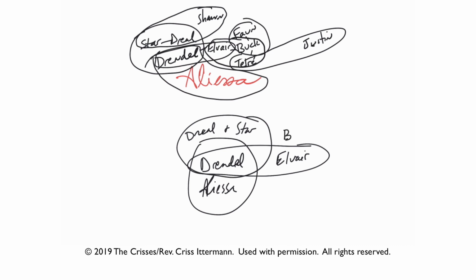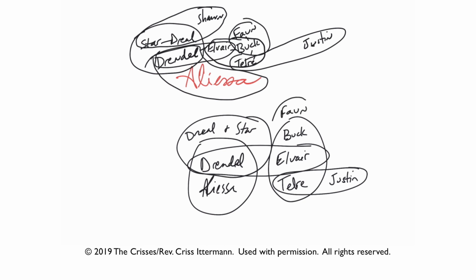Let's put Buck, Telray, Justin, and then we want Fawn, right?